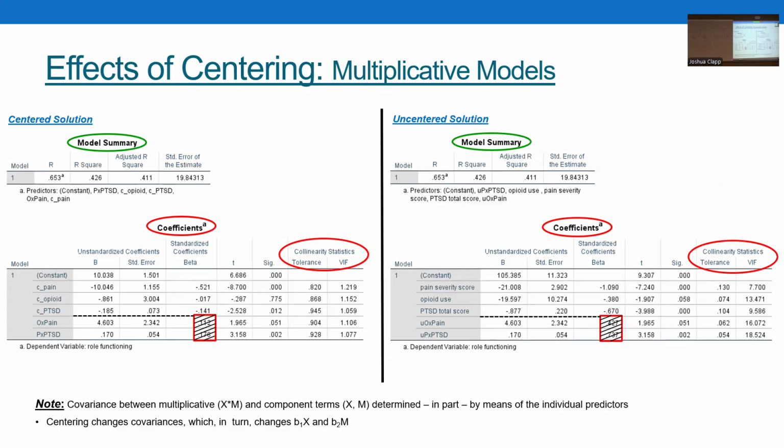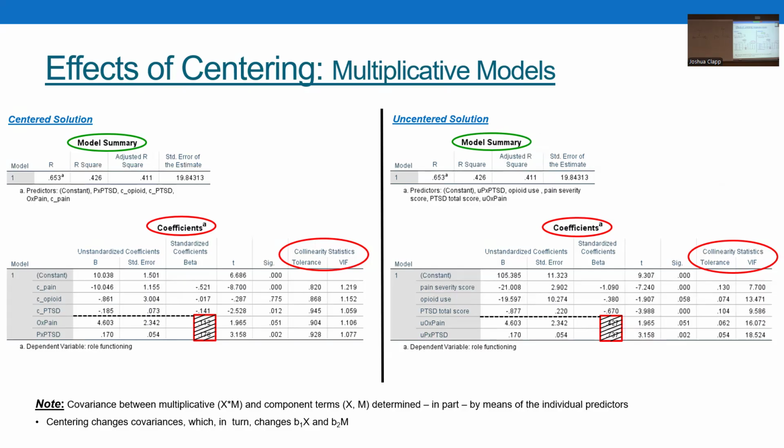Okay. Other thing too, and historically, if you're looking at Aiken and West and going through some of those readings, one thing that we'll see in our centered versus our uncentered solutions, if you look at your collinearity indices right here, are wild differences across your centered and your uncentered models.